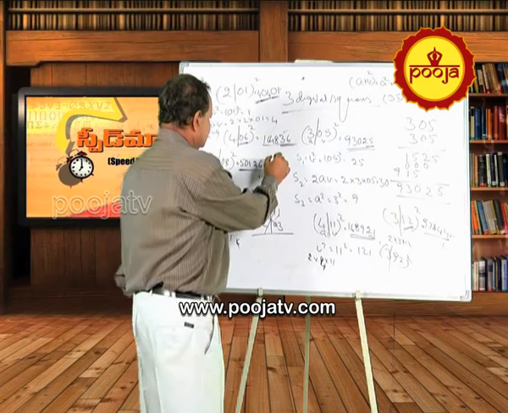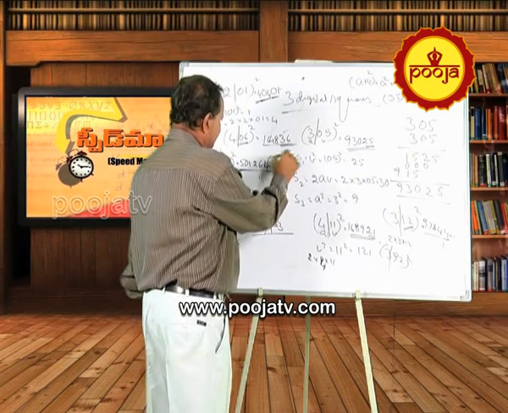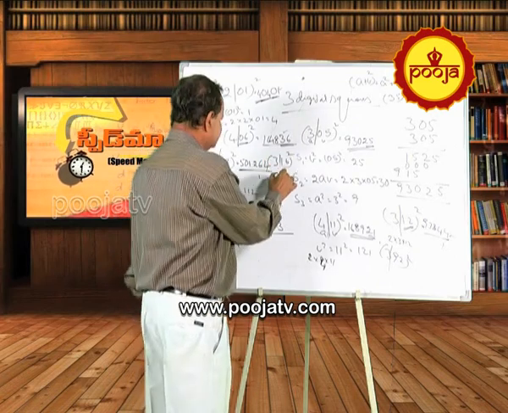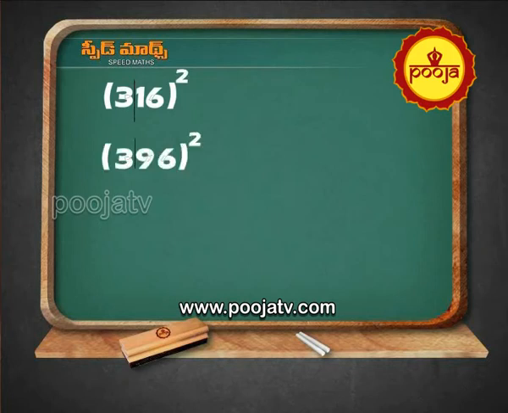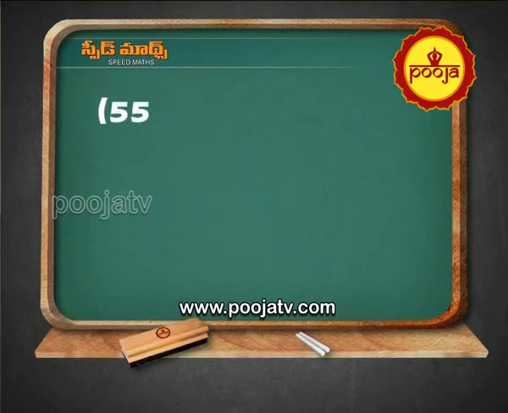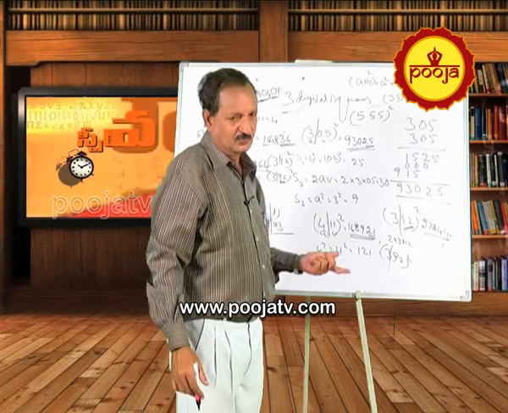Anything, suppose 316 square, you can do it because you know 16 square. If it is 390 square, you cannot do. 316 square equals to, give a slash, 396 square, give a slash, 555 square equals to? Generally we have to give slash and do.